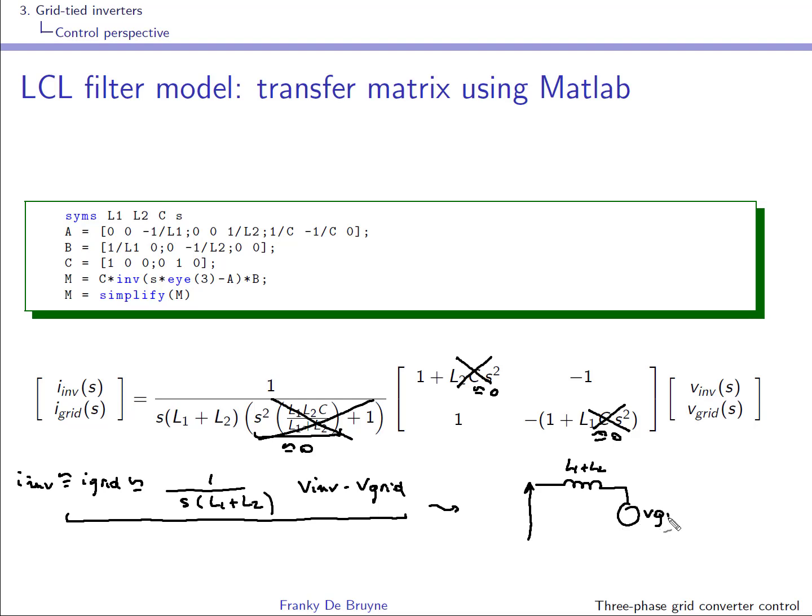This is V grid, and this is V_inf, okay. And of course, if you do that, you have E_inf more or less equal to E grid, okay. And what you have to do is take the voltage over the inductor, V_inf minus V grid, and then integrate it and multiply by 1 over the sum of the two inductors, and this is indeed what you obtain over here.